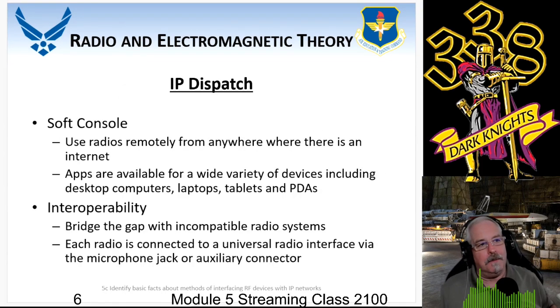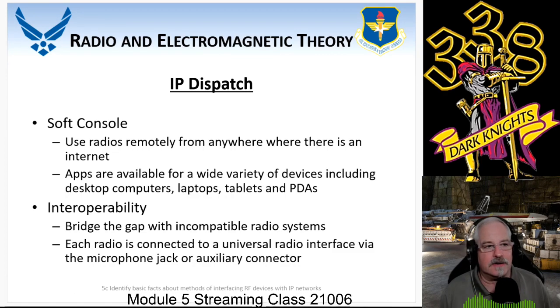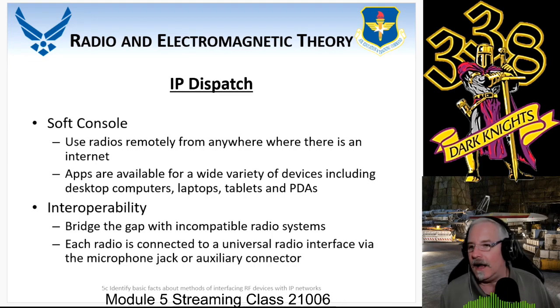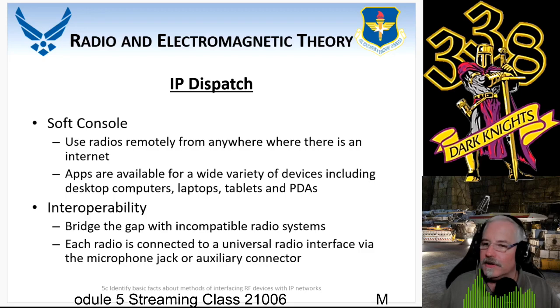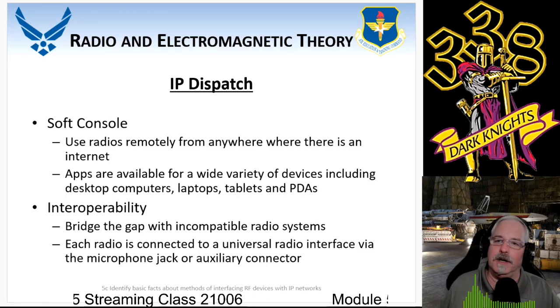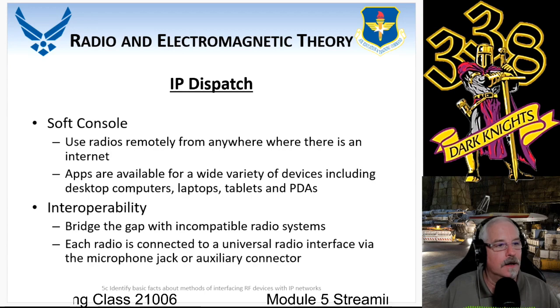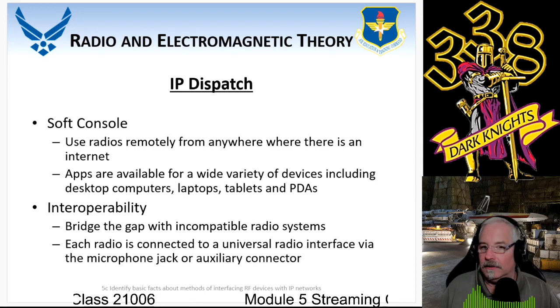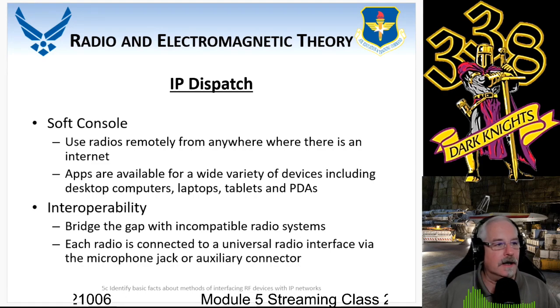When you look at the IP dispatch, I talked briefly about the soft console. That is the key to everything, as well as the bridging networks that come with it. Bridging networks is basically taking that digital signal, being able to convert it into a radio signal to where the radios will understand what's going on. That's how it's able to talk, let's say, from a cell phone to the radio.